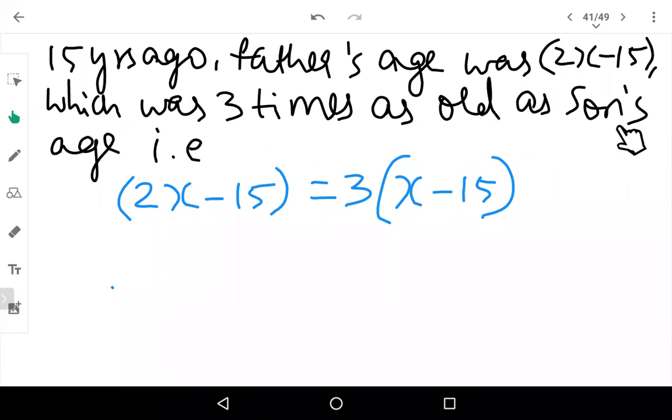Firstly, you have to understand it is 15 years ago, so that is why 2x minus 15. After that, they are saying his age was 3 times as old as his son. So 15 years ago, the father's age was 2x minus 15, which is equal to 3 times as old as his son, so 3 into x minus 15.